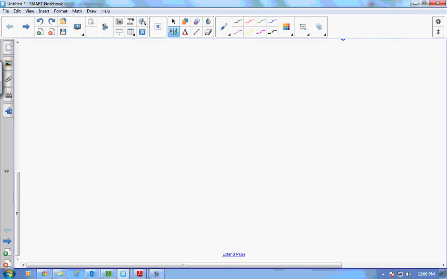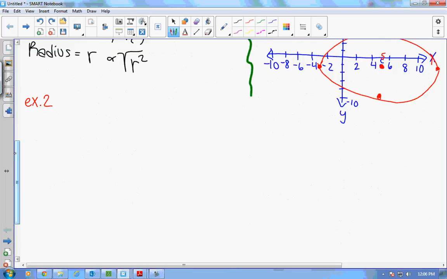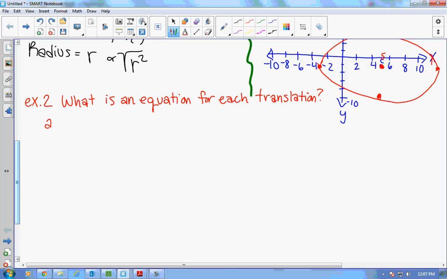Example 2. What is an equation for each translation? We're going to do 2 parts on this. We'll start with this one.